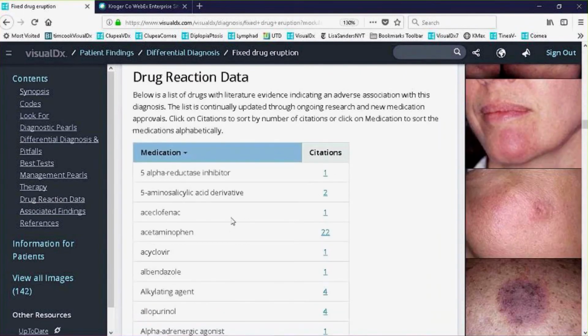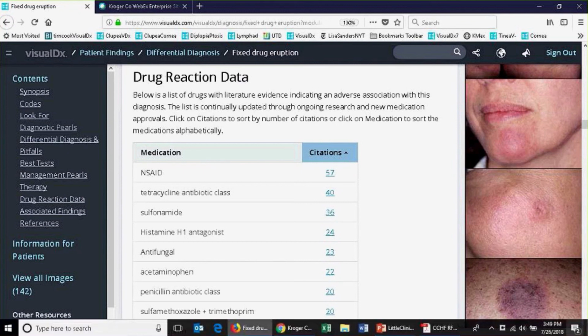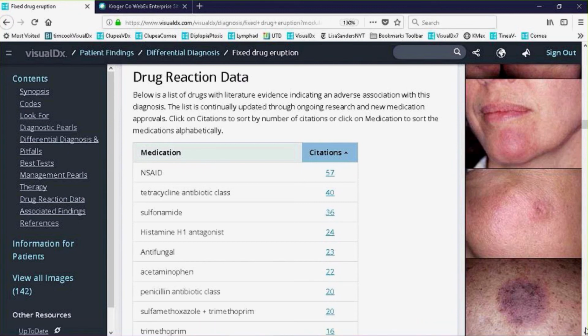You click that, and it gives you the alphabetical list of all the medications, including classes of medications. You can click citations and it will reorder the list and show you which medication or classes of medications have the most citations.